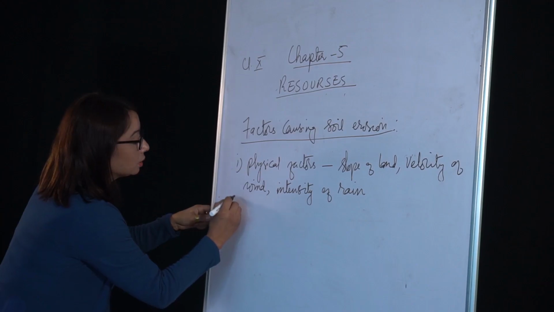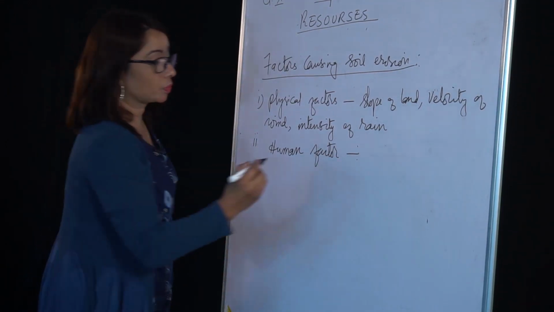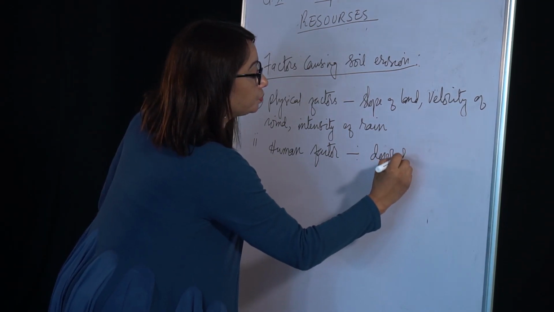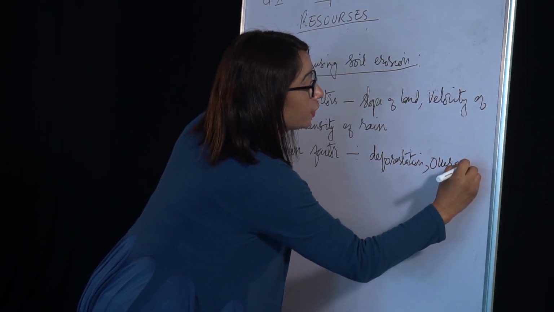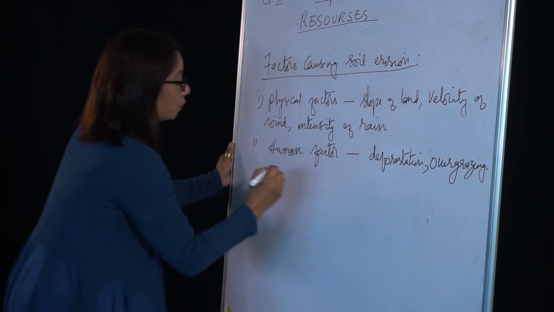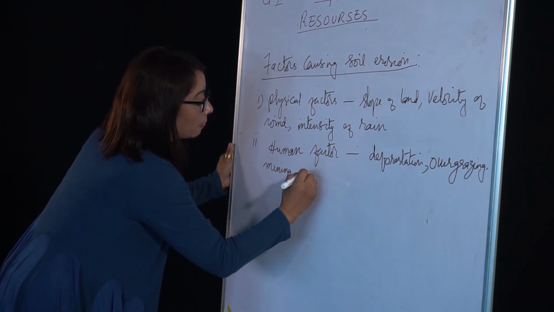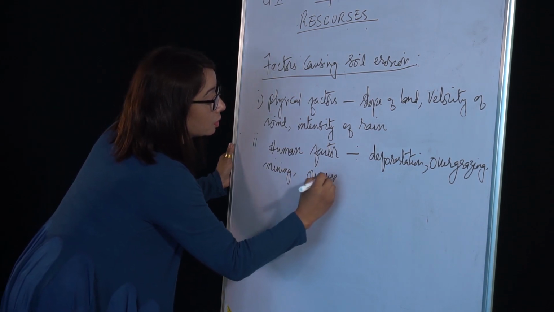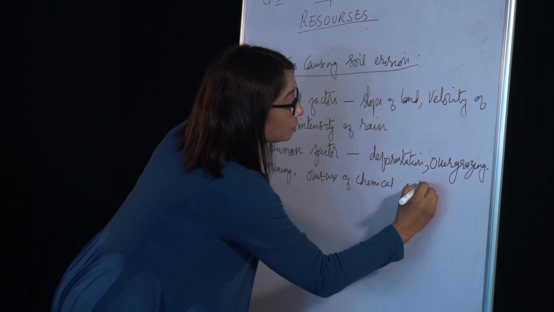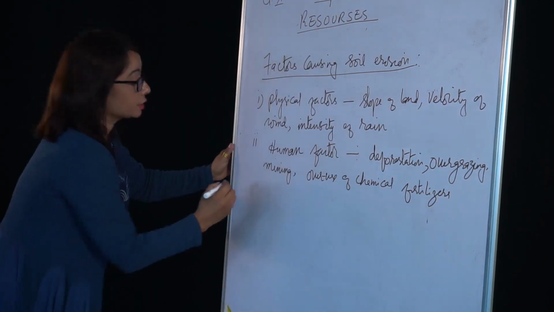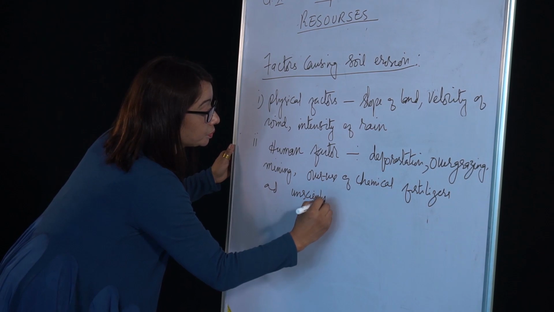The second one is human factors. Human factors include deforestation, overgrazing of animals, mining, overuse of chemical fertilizers, and also unscientific farming methods.